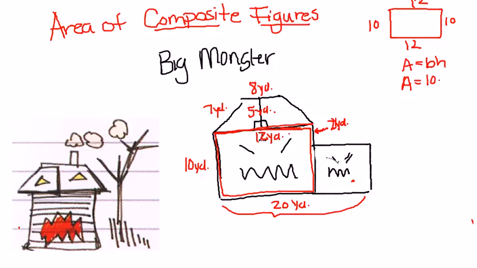Excuse me, that's not the base. Base is what? Oh, yes, you guys caught me. 12, and the height is 10. So if we did this math, it's 120 yards squared. So let's just go ahead and write that in there. 120 yards squared.